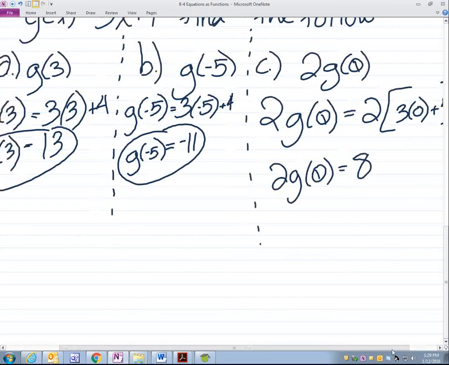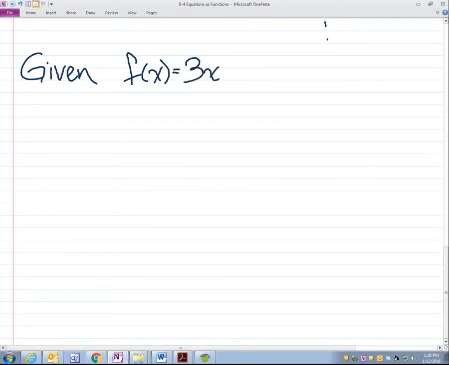All right. Last example, I believe. I'm also using the same verbiage. So we're given, for a function of x, 3x plus 4.